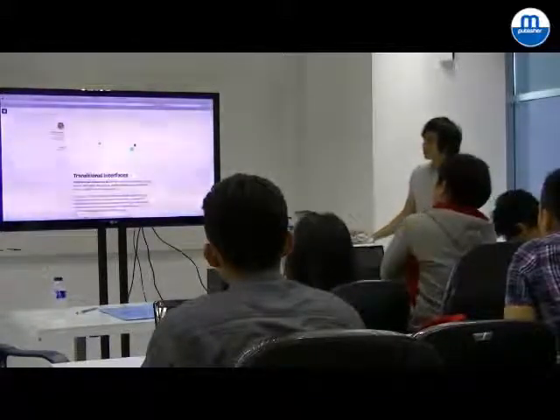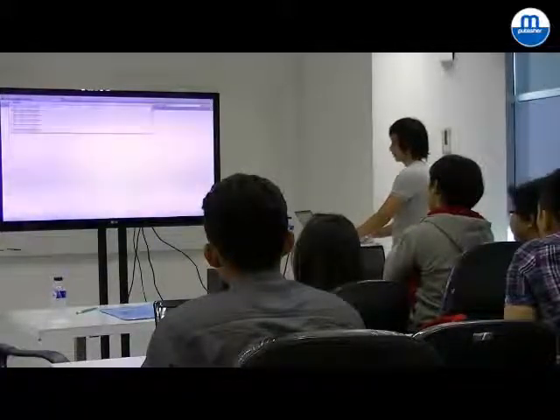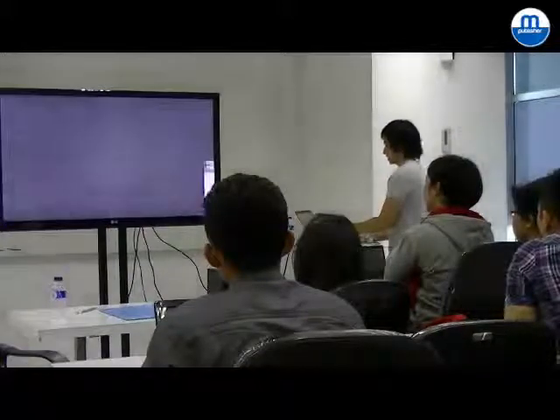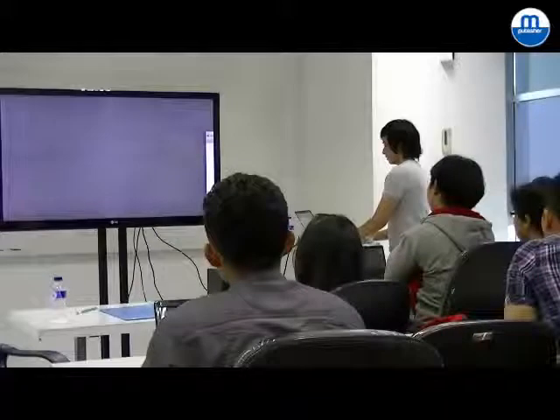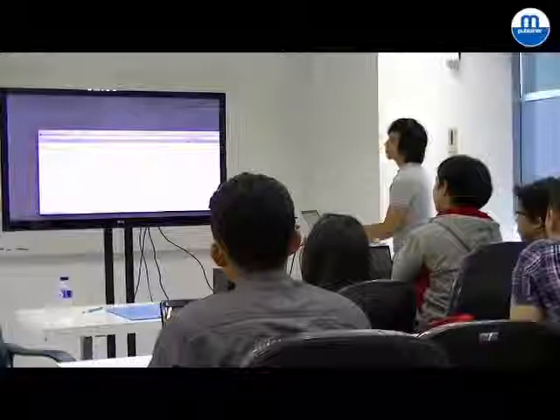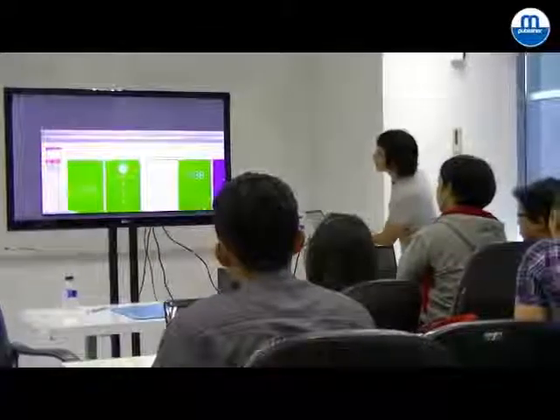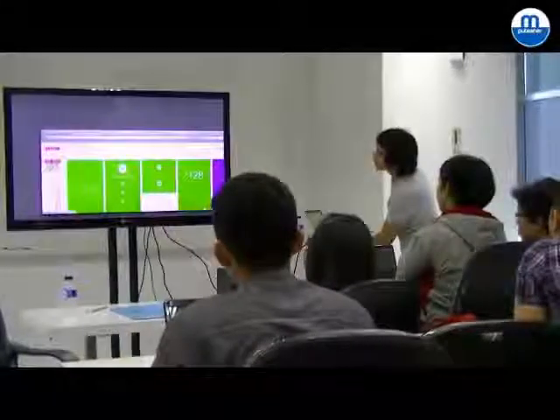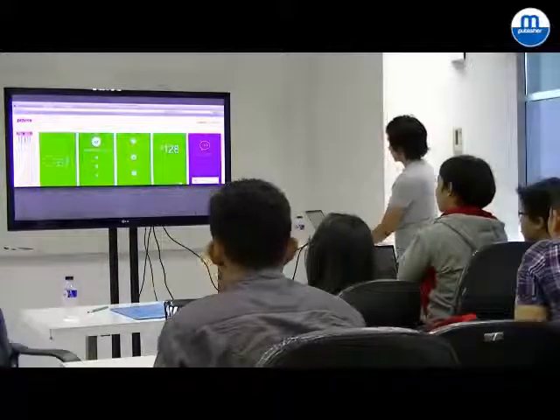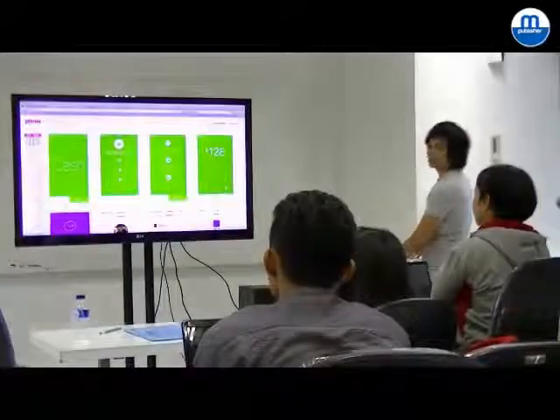Yeah, try to read this. It's called Transitional Interface. And for those who are doing a lot of mobile design, try to look at patterns.com, patterns without the vowel.